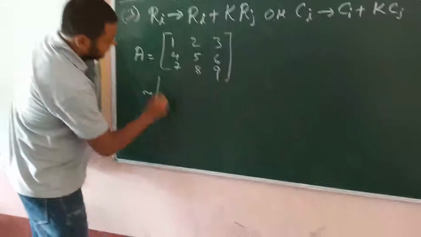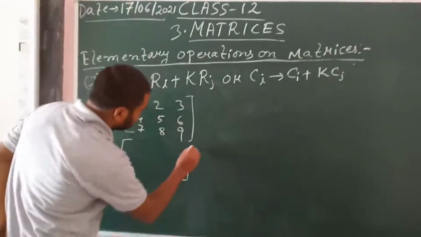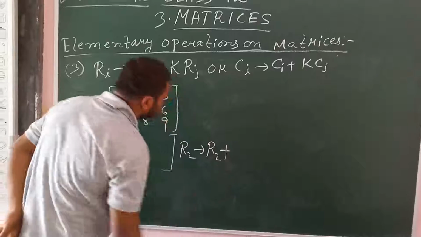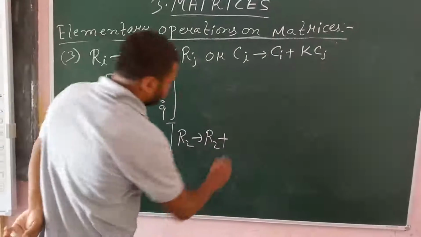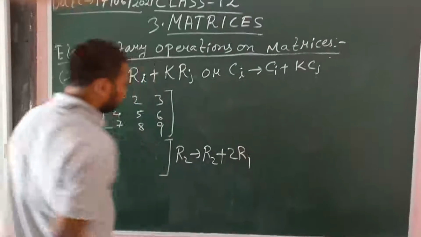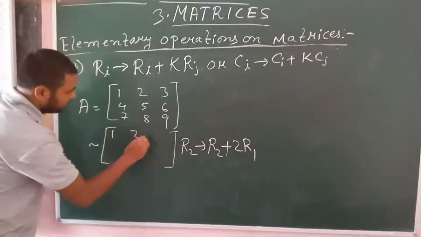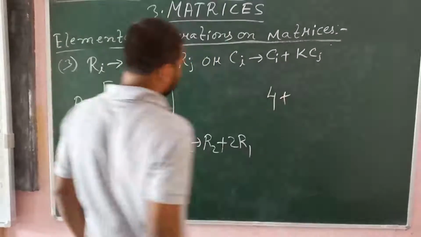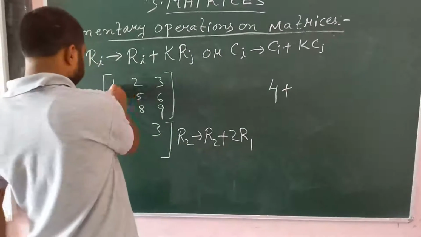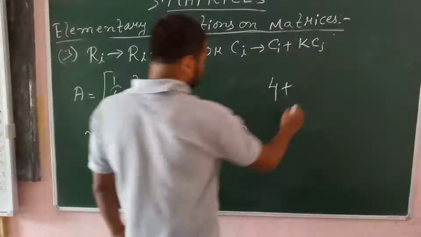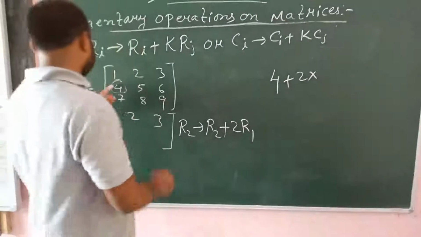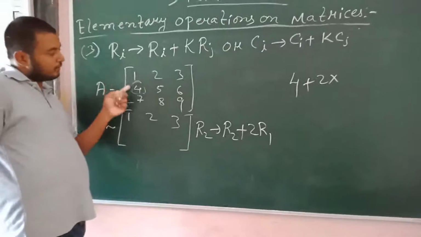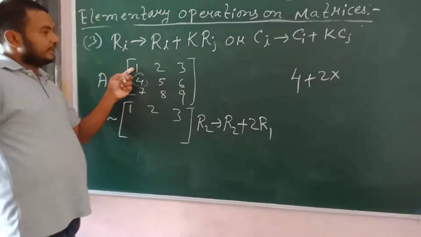Suppose R2 becomes R2 plus twice R1. The first element of R2 is 4, and I have to multiply by 2 the element of R1 on top, which is 1.